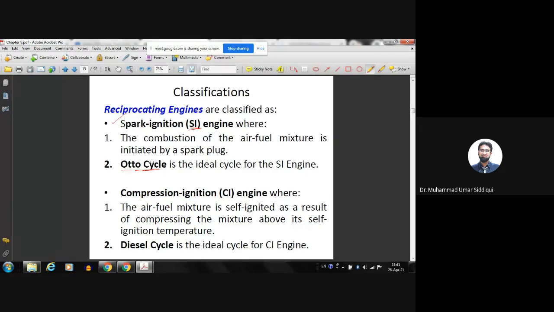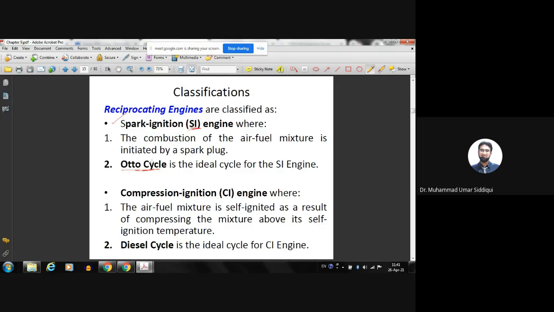So these kinds of engines are known as SI engines, and the ideal cycle for them is the Otto cycle. Otto was the scientist who generated this cycle, so it's named after him. Normally, the Otto cycle uses petrol. Okay, so this is the spark ignition engine.